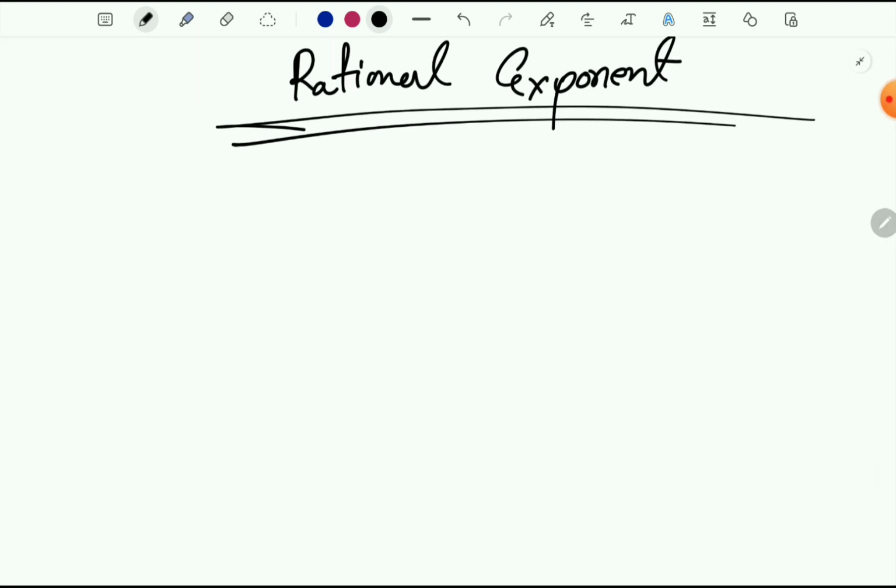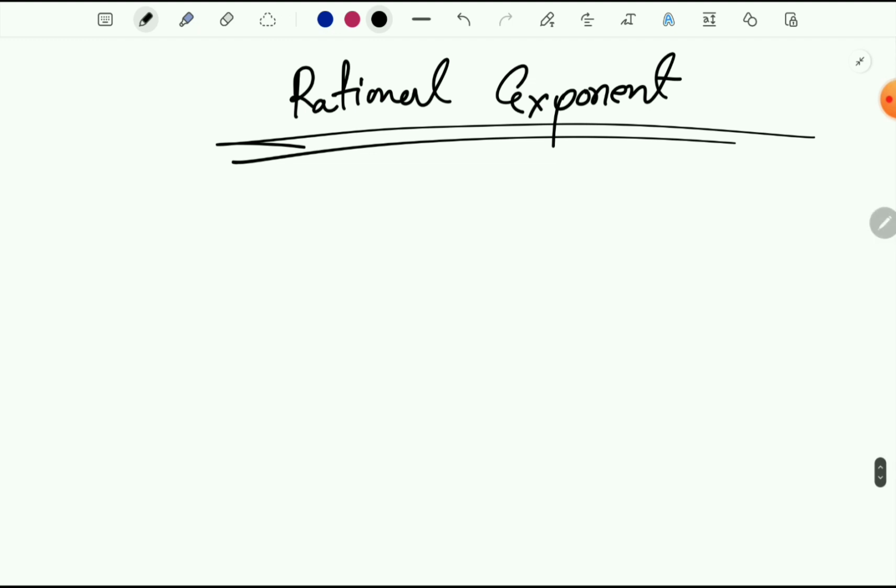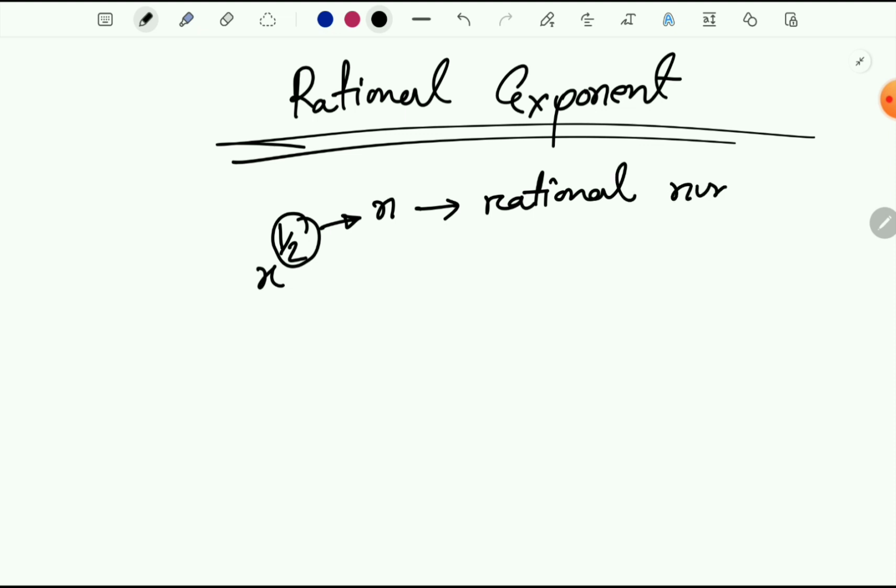When the index or exponent is an irrational number instead of a whole number or prime number. Let's have an example: x power half. So this half, or the index value n, is a rational number. In this case we can call this a rational exponent.